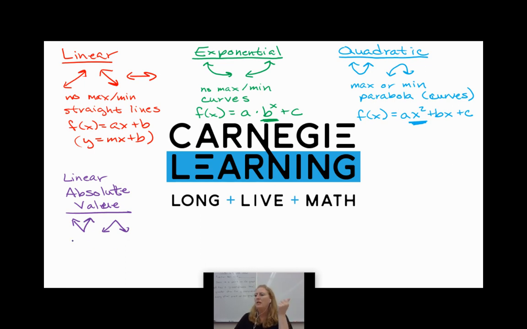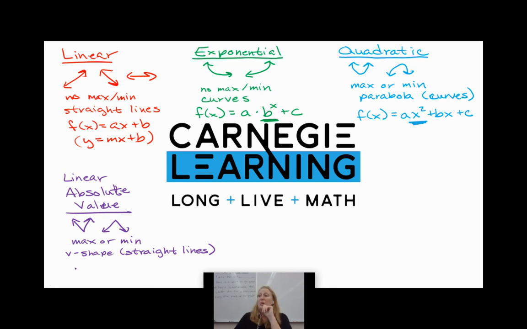They have a maximum or a minimum, a topmost point or a bottommost point. They're different though because they're not parabolas. They make that V shape. So these are no longer curves. You can think V shape. You can think straight lines, kind of like our linear guys.